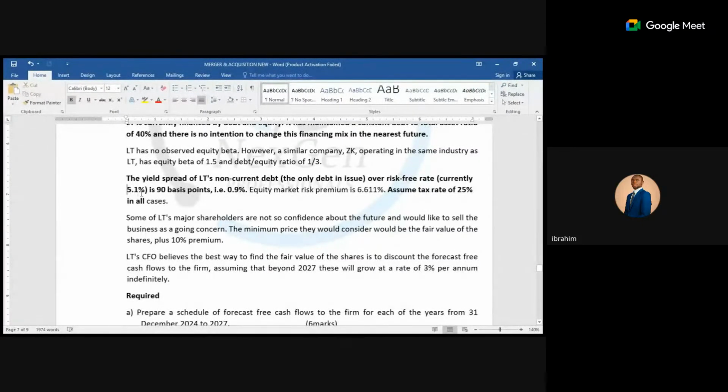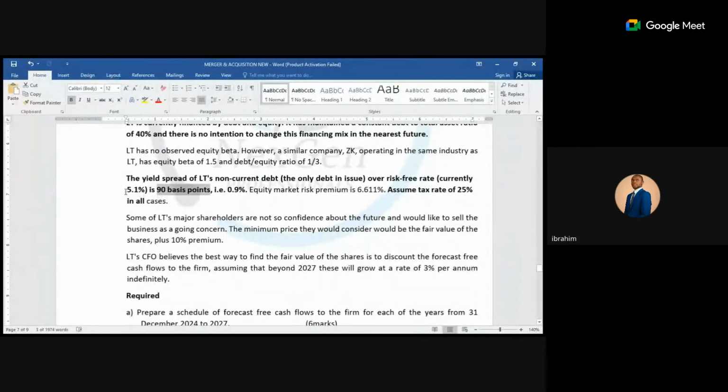Now, the question is, what does the examiner want in this part? Your yield is 5.1%. We have to compensate you by adjusting for it. That is why you have 90 basis points.